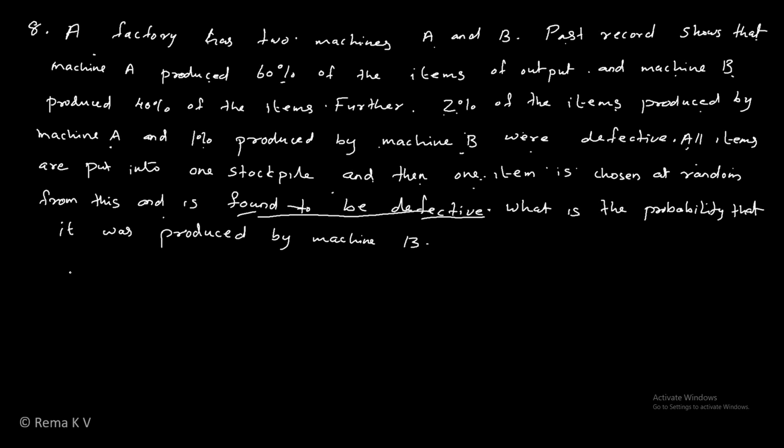Okay, two events. Which are they? Items produced by machine A and produced by machine B.